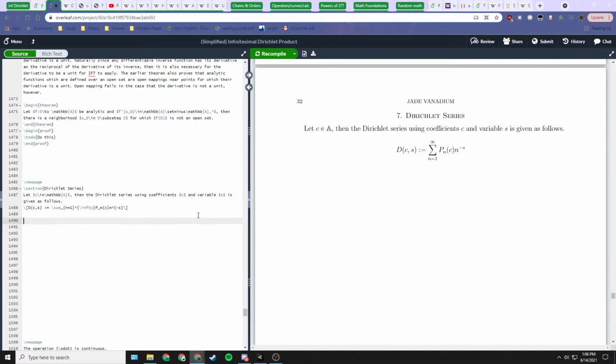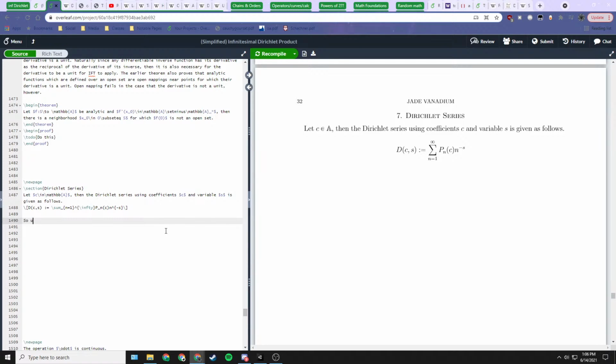So usually Dirichlet series are talked about in terms of the variable being a complex number. There's no reason why we can't do that. But we could just as well extend this to our wider space.